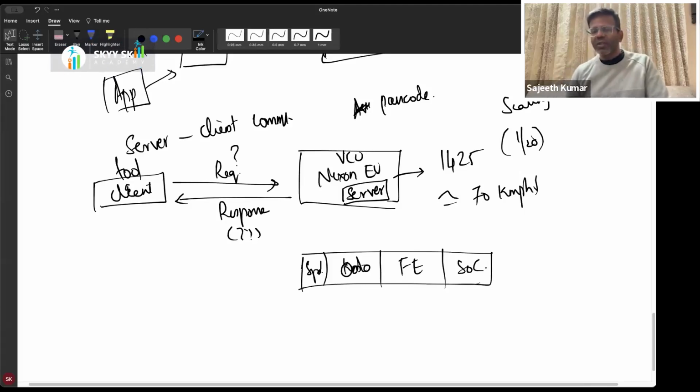There could also be SOC which comes here. So once you receive a CAN data frame, you'll have to know where is the speed, where is the odometer, where is the fuel efficiency, where is the SOC. You'll have to know that as well, which means unless you understand all of these things, or in fact, Tata Motors has told you that, okay, this is how I'm packaging it.